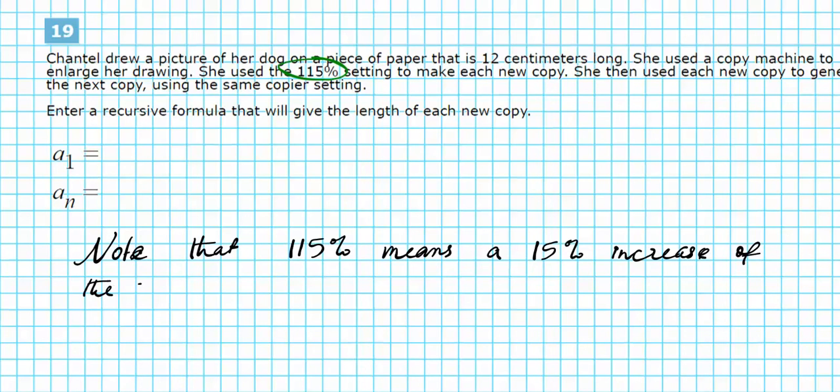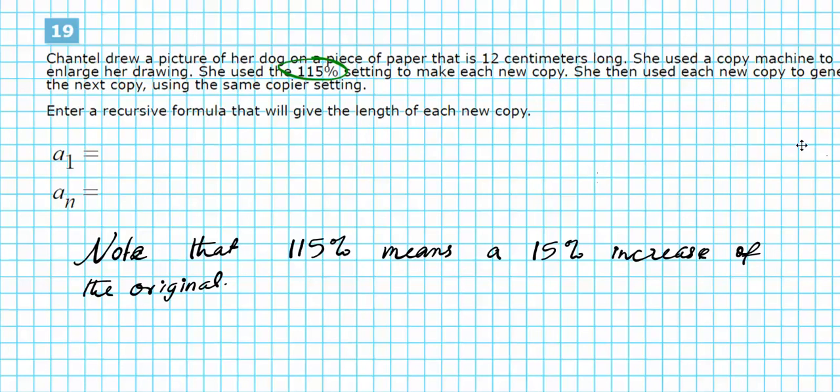That's photocopier language. When they say 100%, it means it's exactly the same size. But 115% means it's going to be 15% bigger than the original.